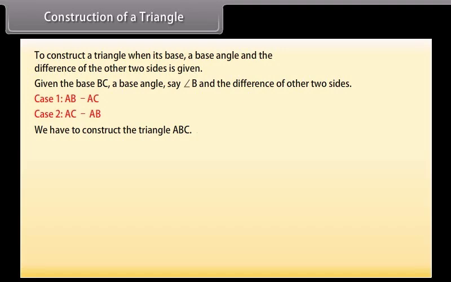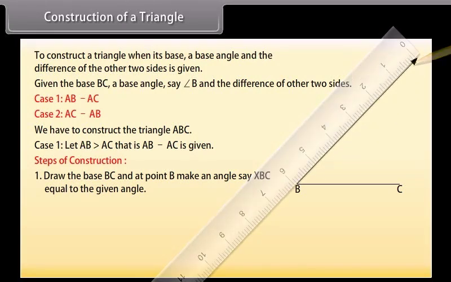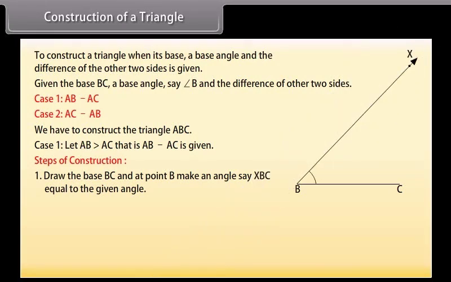Let's first construct the triangle using case first when AB is greater than AC, that is, AB minus AC is given. Steps of construction. First of all, draw the base BC and at point B, make an angle, say XBC, equal to the given angle.